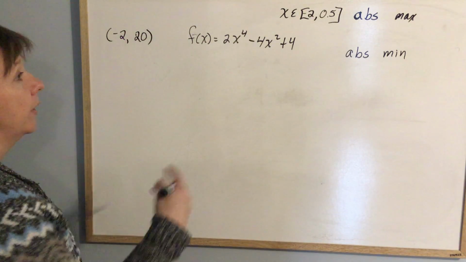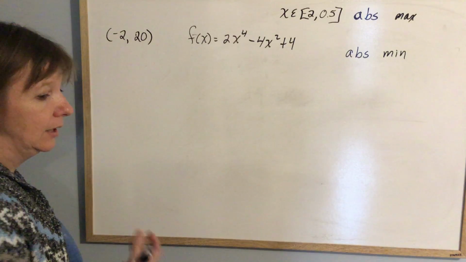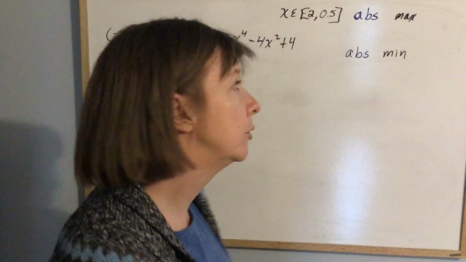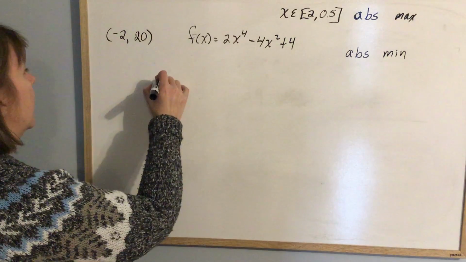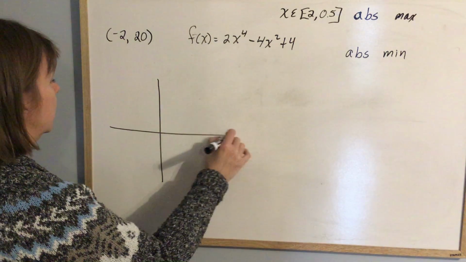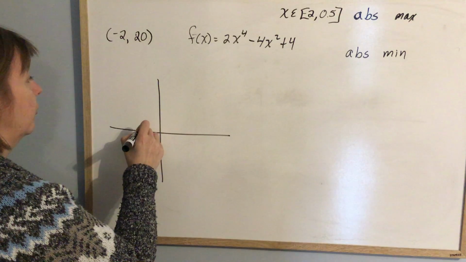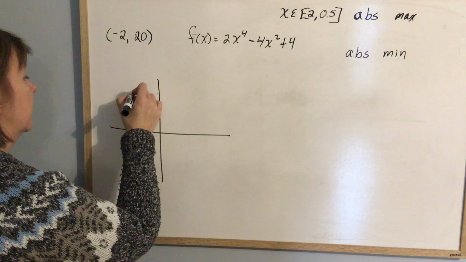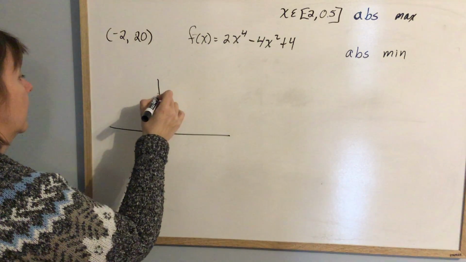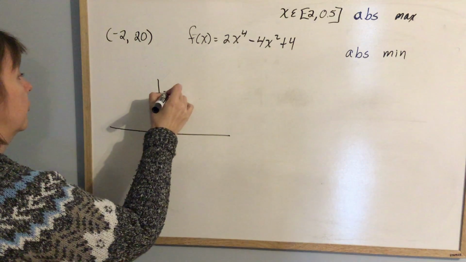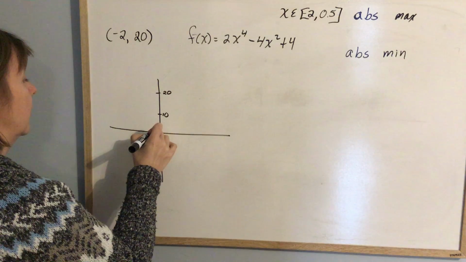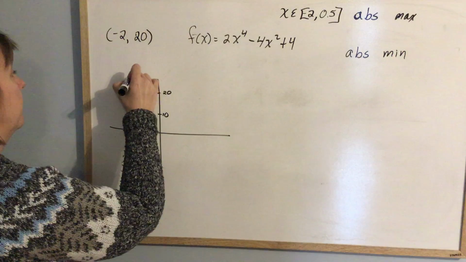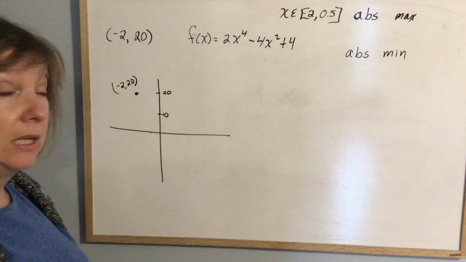So if I were graphing this, which they didn't actually ask me to do, but I'm going to just for some of you who are visual like I am, at -2 this graph is at 20. So let's say that's 10, that's 20, just because I don't have a lot of space. There's 10, there's 20, here's -1, -2. So -2 and 20, okay? That's the beginning of the graph.